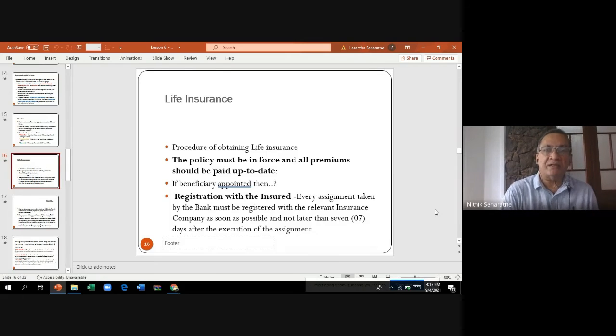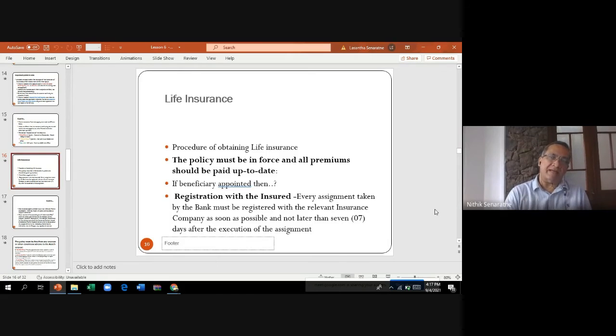Registration with insurer. Every assignment taken by the bank must be registered with the relevant insurance company as soon as possible and not less than 7 days after the execution of the assignment. So once you assign the policy, it has to be registered at the insurance company to make sure that your rights are protected.